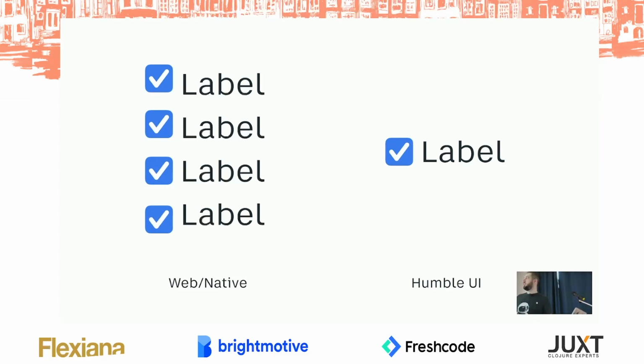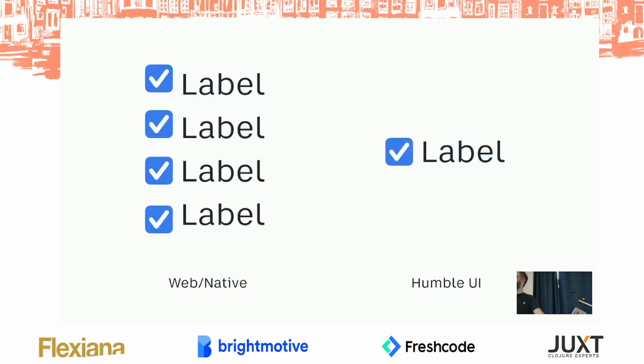In Humble UI, you just center and that's it, because they are perfect rectangles. And on the web, it's sometimes annoying because none of them does what you want. So you center and then padding top 1 or something like that. Imagine -1. It's very annoying. If you know, you know.